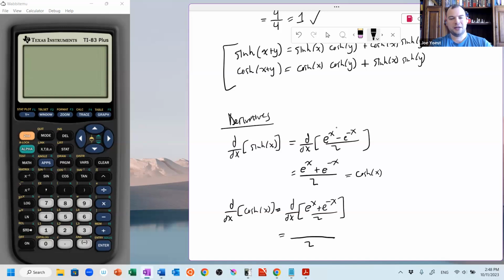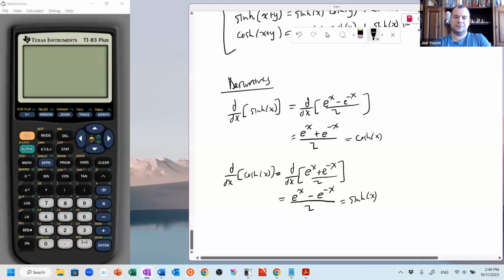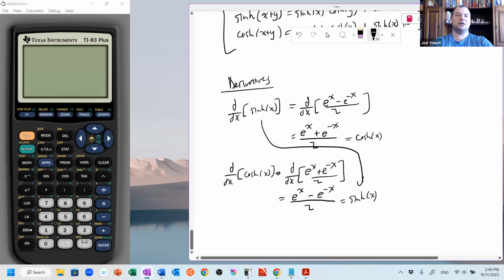Well, the 1/2 comes out. E to the x differentiates to e to the x, and then we get a minus coming down. Well, that's sinh of x. So these cycle every 2 instead of every 4, like the regular trig functions, right? Derivative of cosine was negative sine, but here derivative of cosh is just regular sinh. So sinh second derivative is itself, where sine's fourth derivative is itself.